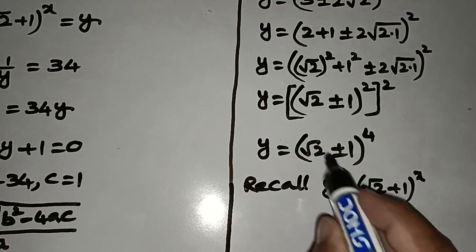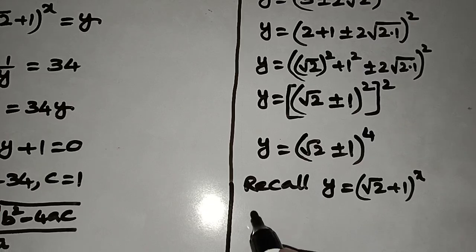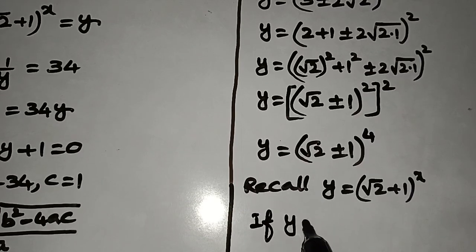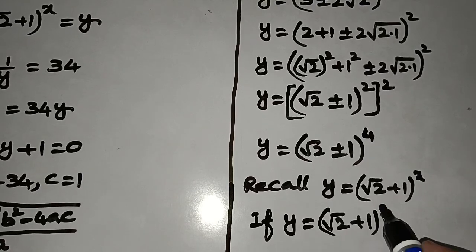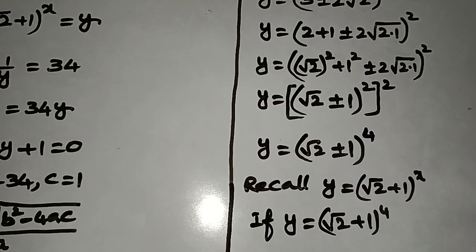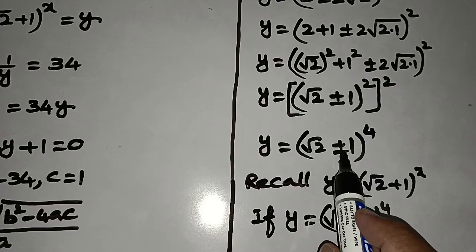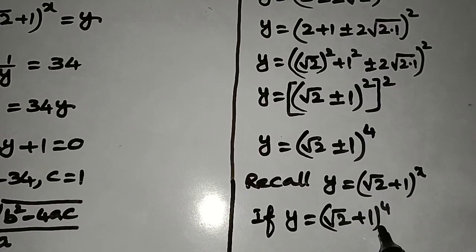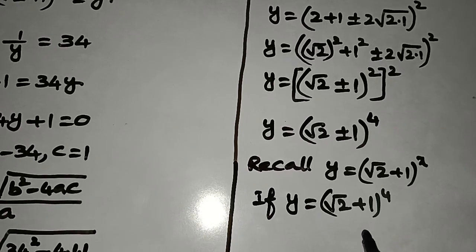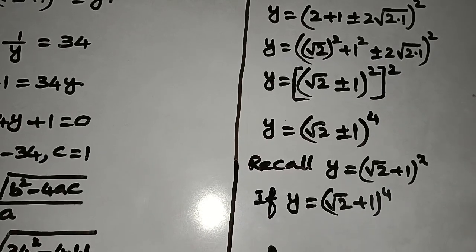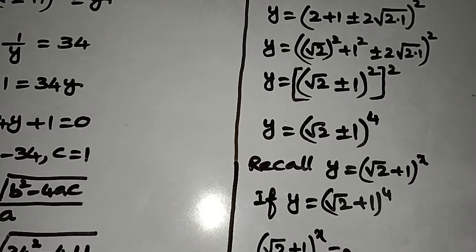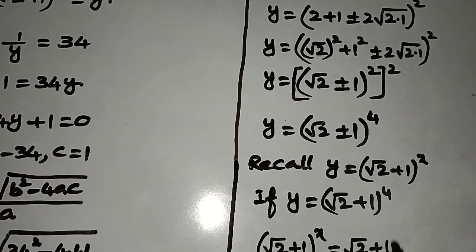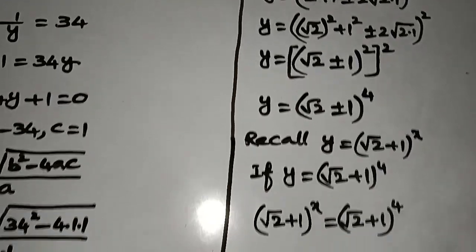So now equating it, if y is equal to say root 2 plus 1 whole to the power of 4, so one value I take first with plus sign, the other value by minus sign I take it. So if y is root 2 plus 1 whole to the power of 4, then y is root 2 plus 1 whole to the power of x. So that is equal to root 2 plus 1 whole to the power of 4.